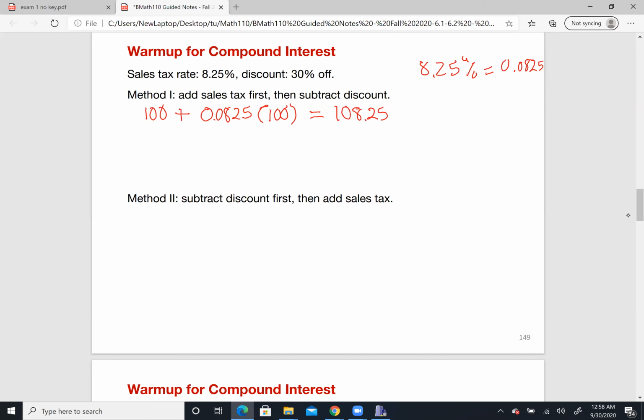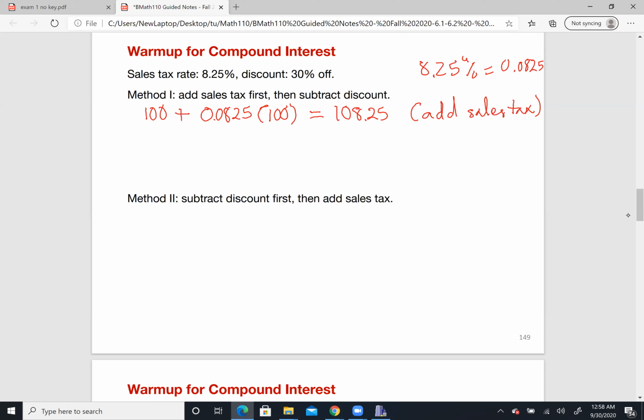And then here is add the sales tax, right? And now I'm going to subtract the discount.